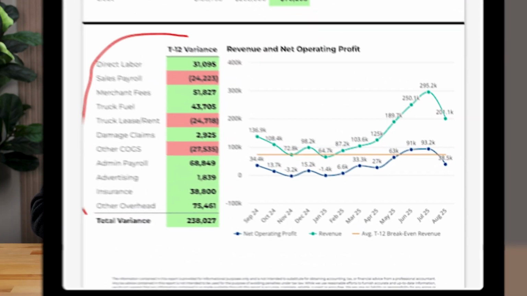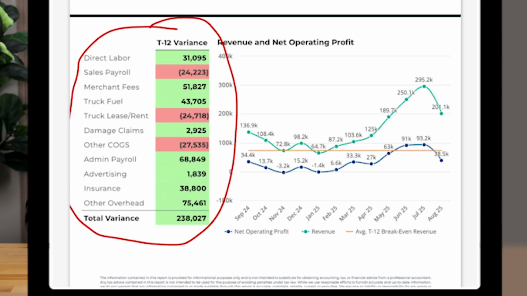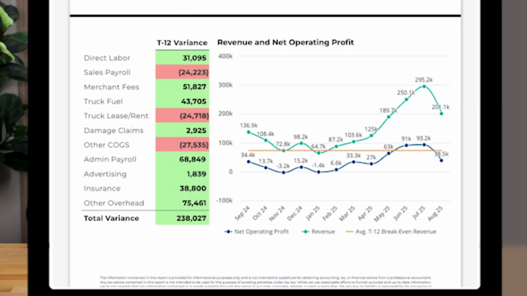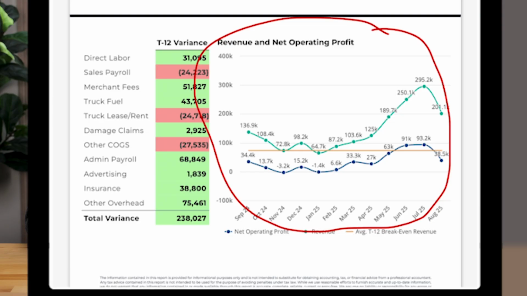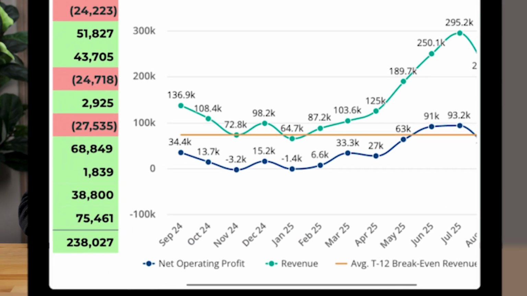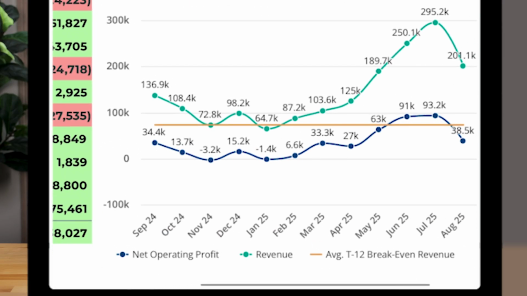We're going to come back to this section, and it's going to make a lot more sense when we talk about the pro metrics, and you'll see how we can use this to really know how much we need to improve our company. But the next section is our revenue and net operating profit as it compares to break even. This orange line right here is our break even number, our average trailing 12 break even revenue.